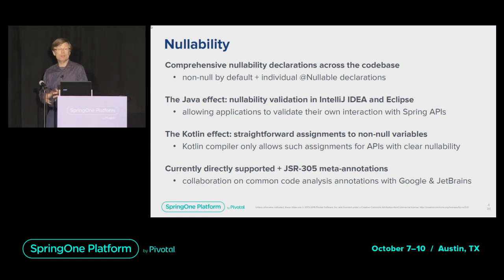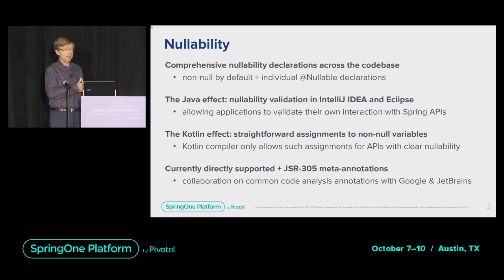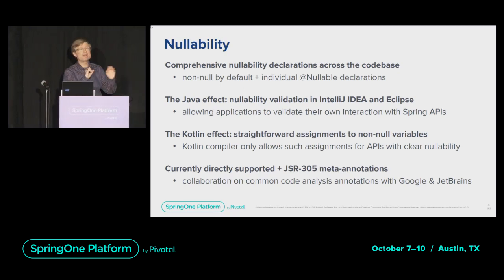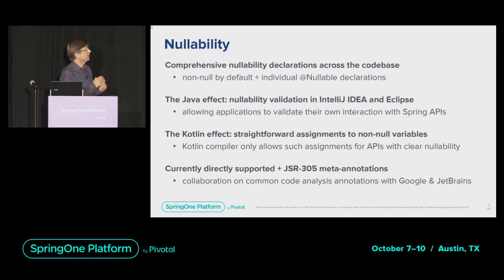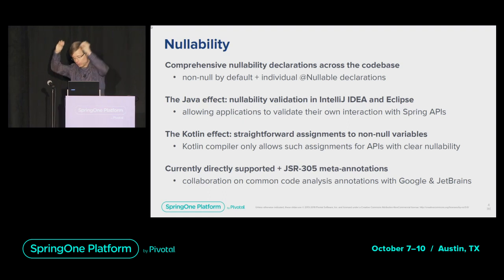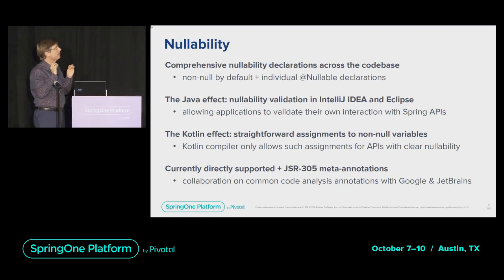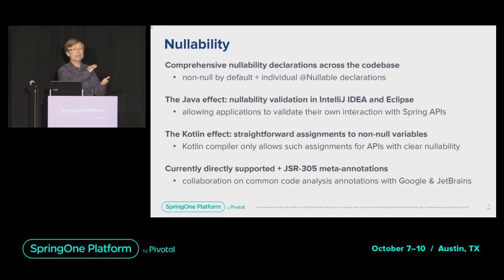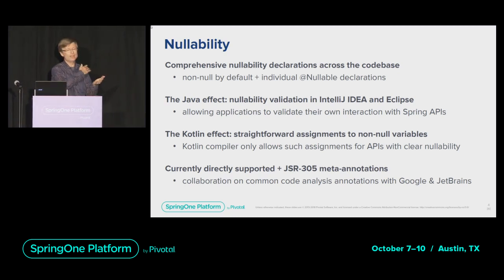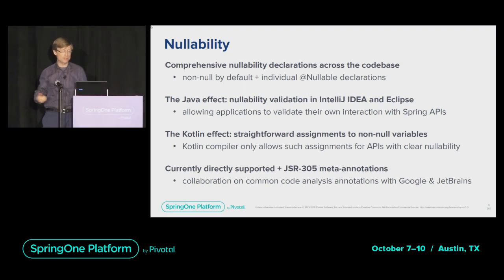Both of those effects, of course, when we applied this to the core framework code base, showed in many places, right? So we went through the entire code base from the very surface area down to the inner workings, down to all the field declarations, and applied nullability annotations to them and ran in particular the IntelliJ tooling against it in order to clean up the code base in all directions.